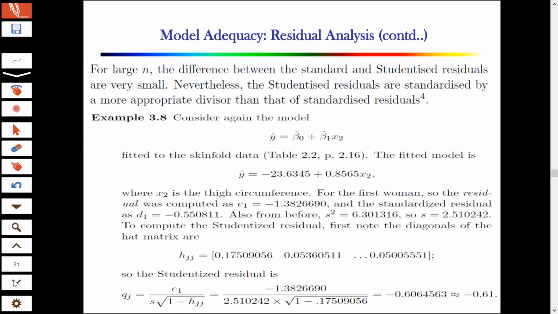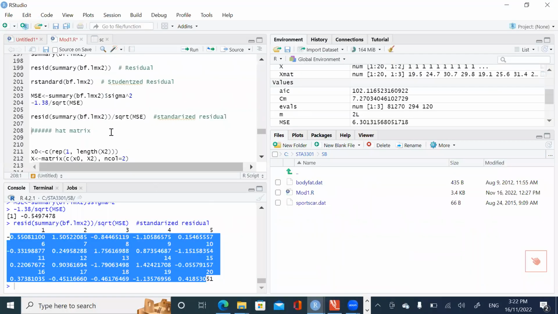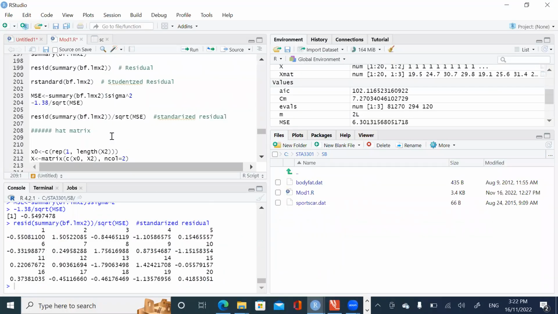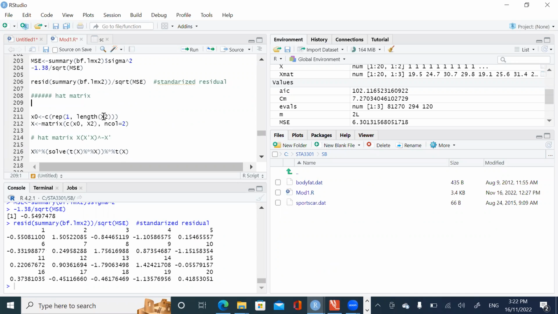Now let's say in this example, in that model, I will show you how we can calculate the hat matrix and then its diagonal. Our model here has only x2. Can you remember the hat matrix is X (X transpose X) inverse X transpose.